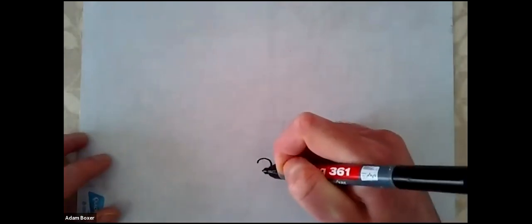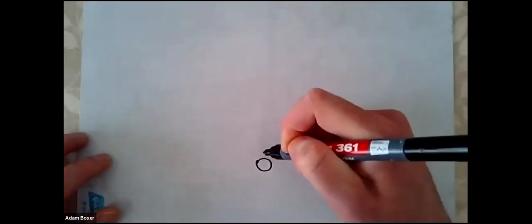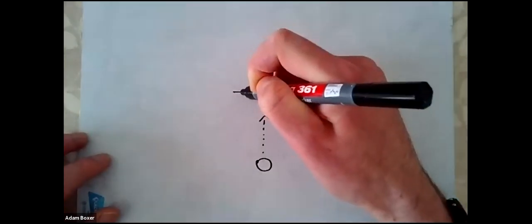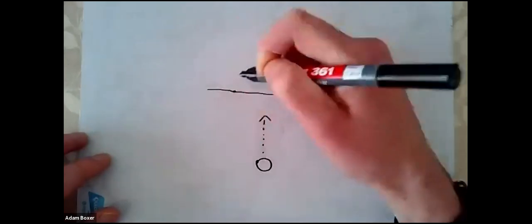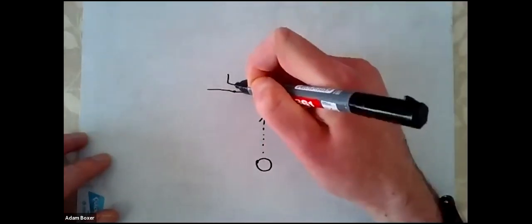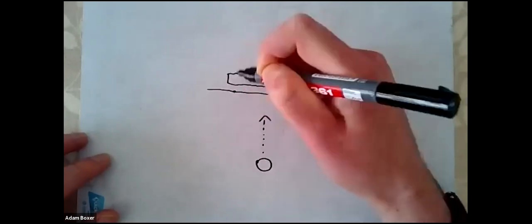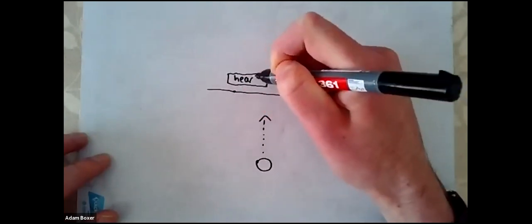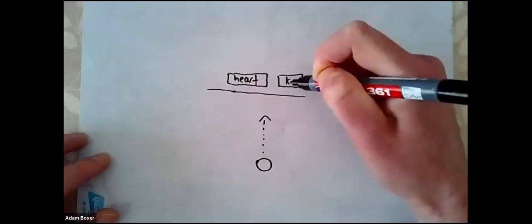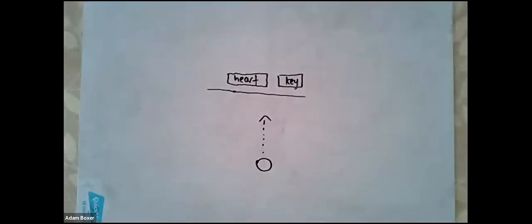This is me from above looking at the screen. So this is the screen, and then you've got two diagrams. You've got one which had the heart over there and the key over there.